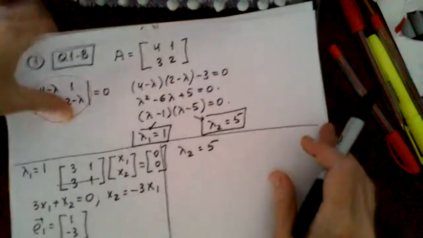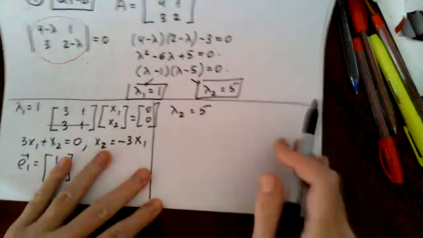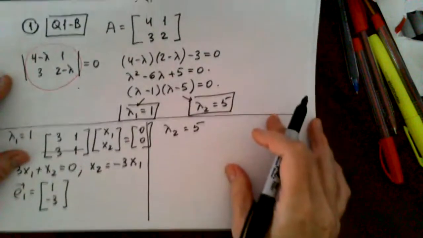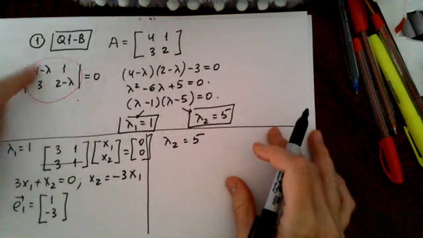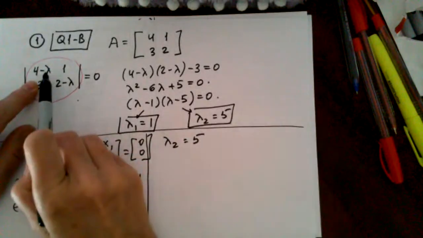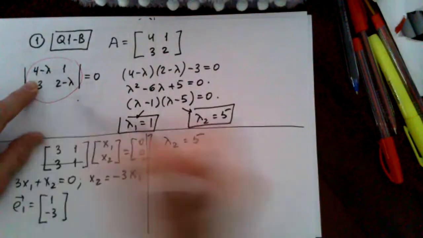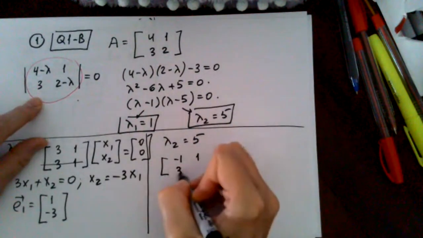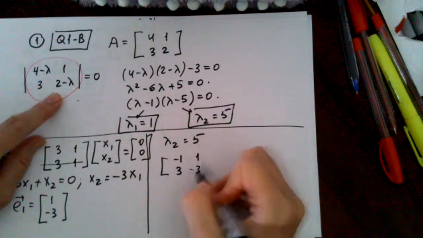Okay, let's switch to the next lambda and repeat this approach. So when lambda 2 is equal to 5, we need to take this matrix again into account and substitute lambda with 5. So 4 minus 5 will be minus 1, 1, 3, and 2 minus 5 will be minus 3.